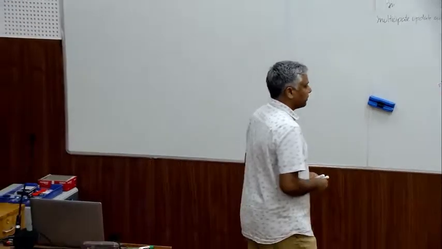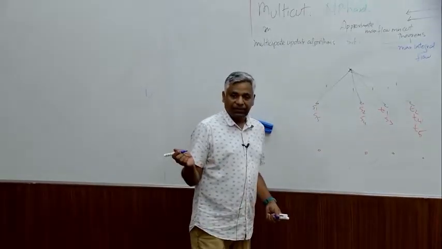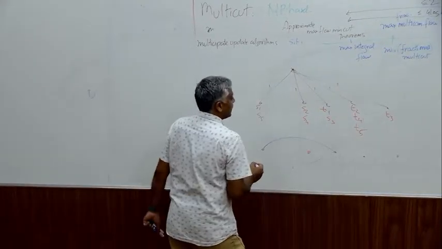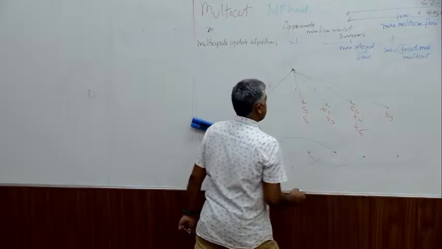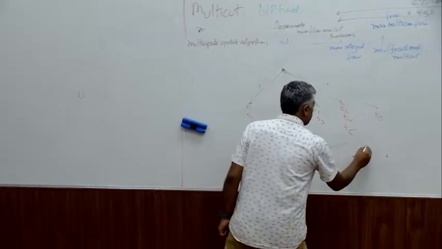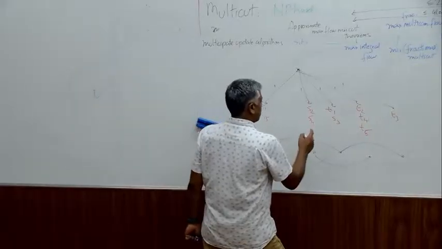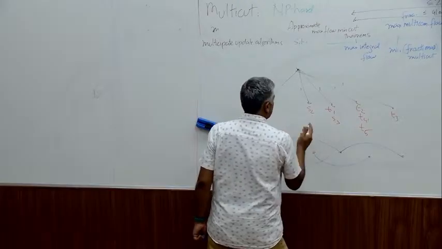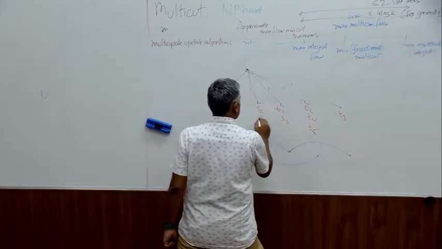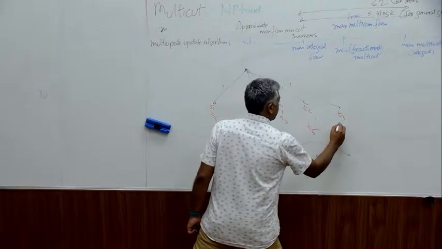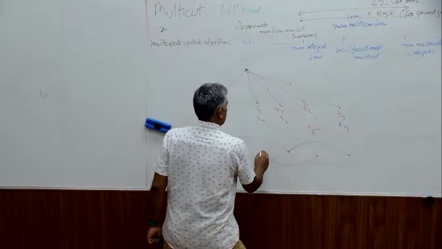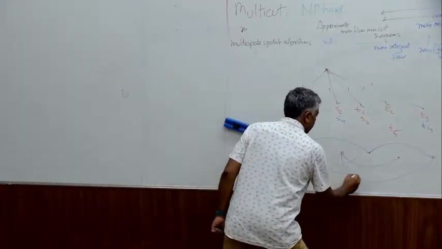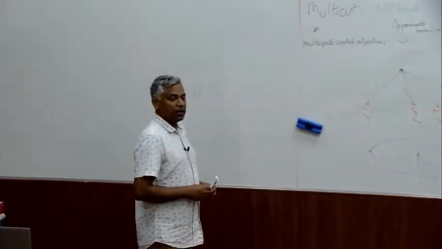What edges do you think I'll put in? S1 T1, good. S1 T1, S2 T2, S3 T3, S4 T4. Okay, between S4 T4 there was already S2 T2 also. Multiple edges could be possible, but we won't do that right now. Let's put S4 T4 here. So S4 T4 is here and S5 T5 is here. Okay, this is the graph I made.